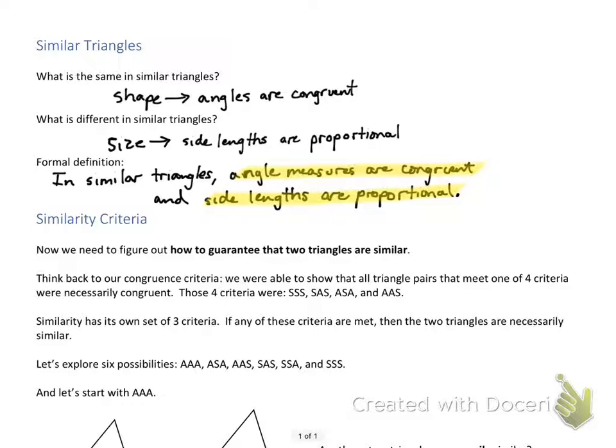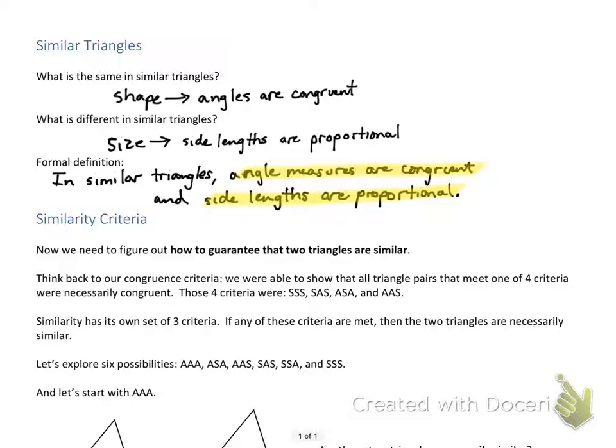So the main idea for today is we're talking about similarity criteria. And you can see the next little section right there. So we talk about similarity criteria. This goes back to something we did last semester. We want to guarantee that two triangles are similar.